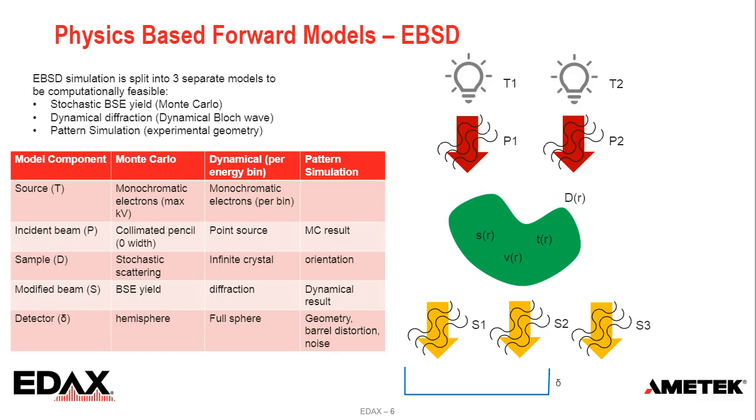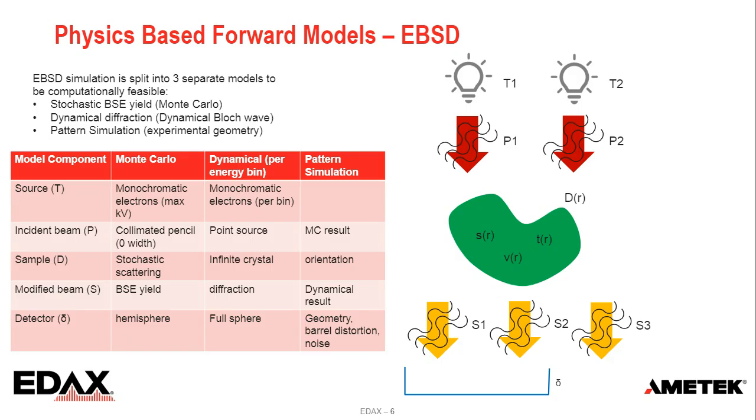One is a forward model just to describe the backscatter yield. Then there's a second model to describe the diffraction. And then finally, a third set to combine those and simulate a pattern from them, which is the ultimate goal.